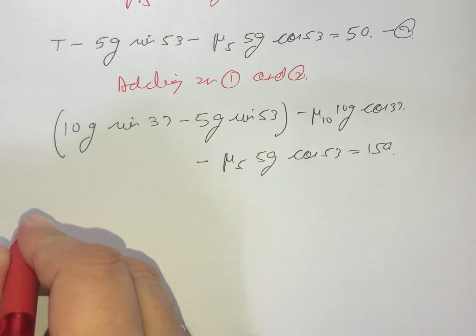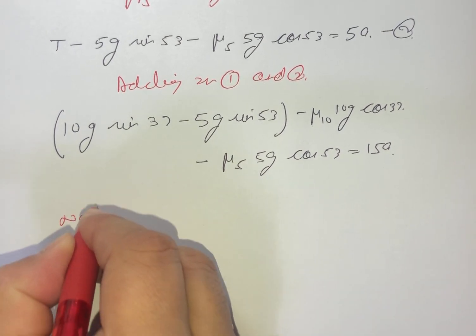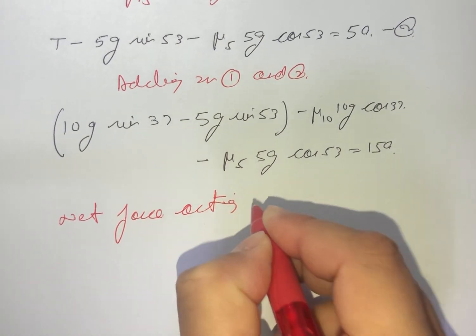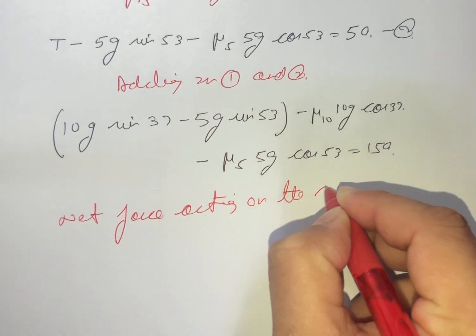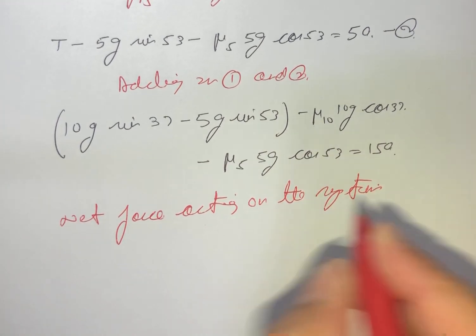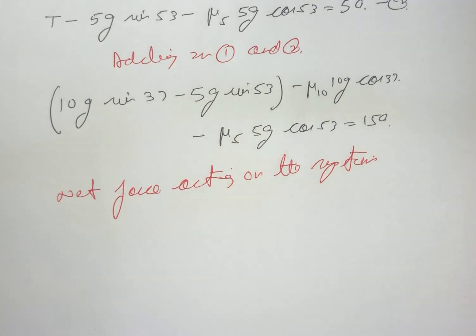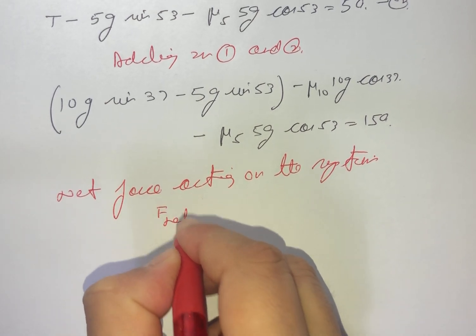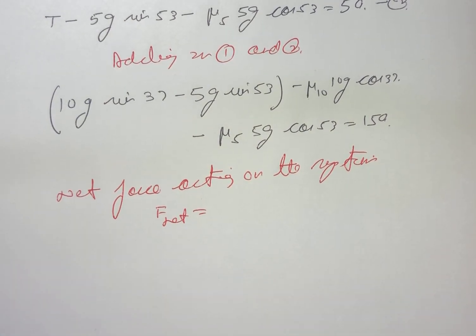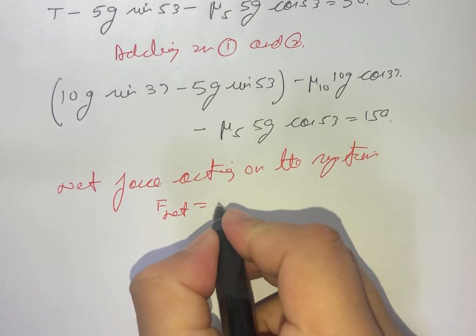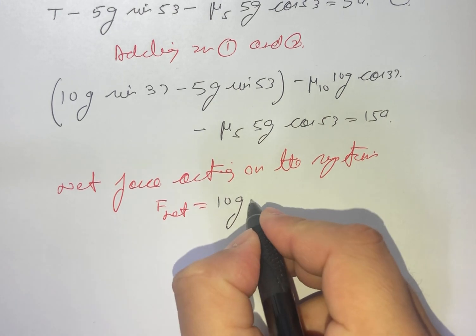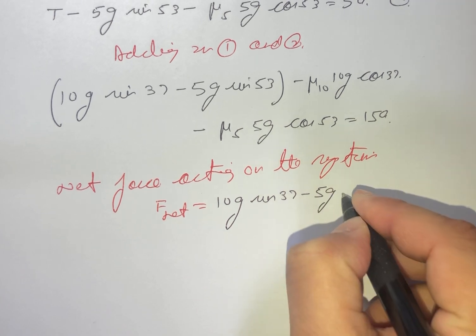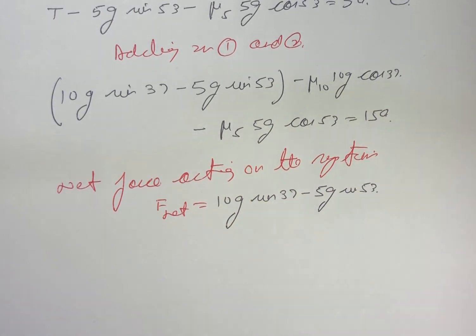Net force acting on the system, let us call this F net, will be equal to 10g sine of 37 minus 5g sine of 53.